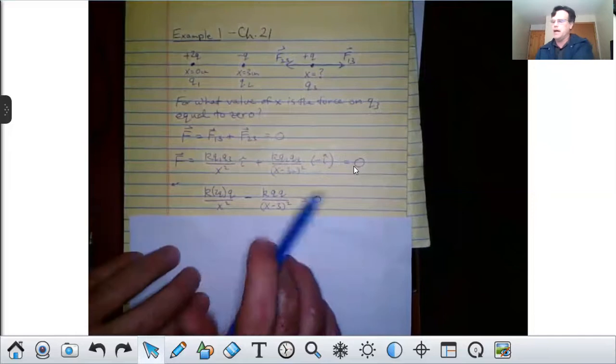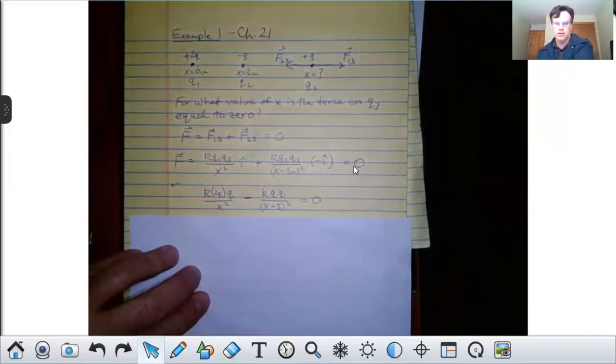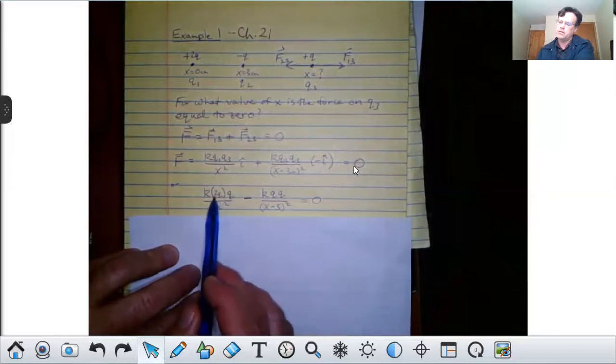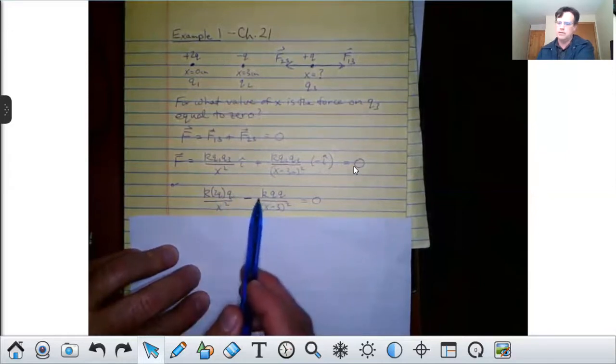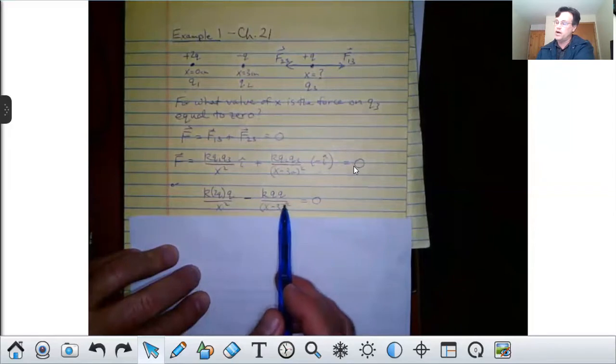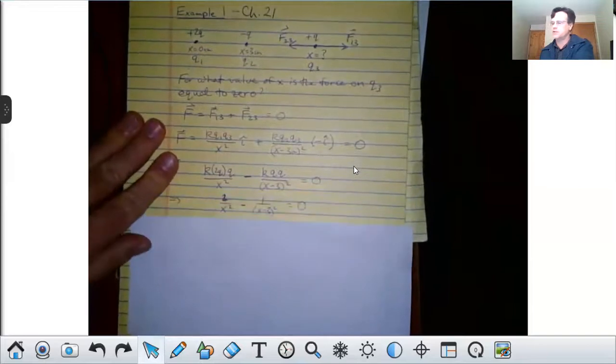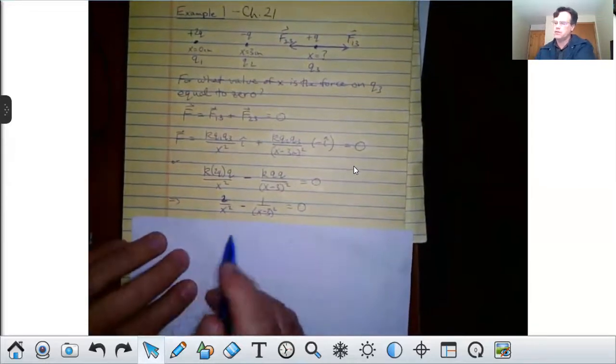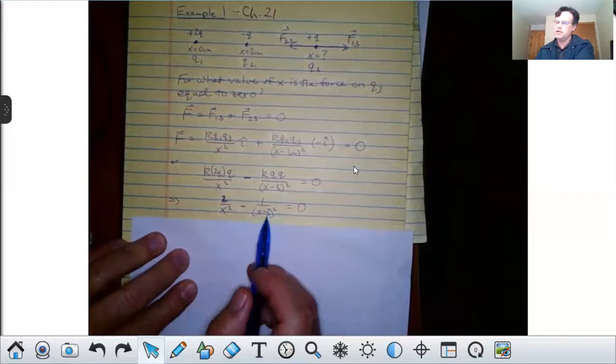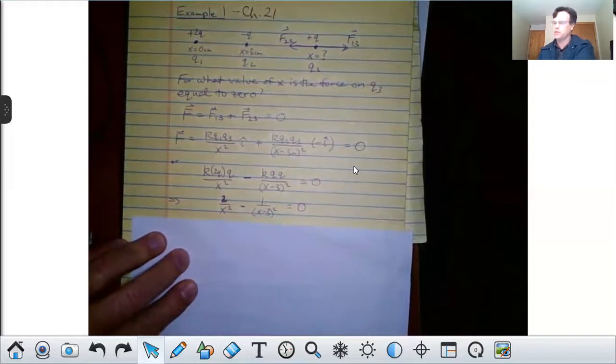I'm just putting in the magnitude of the charge here. Now you can maybe notice that the Q's and the k's will cancel out. That is divided by kQ squared. 0 over kQ squared is still 0. So eventually what I end up with is basically just this algebraic equation: 2 over x squared minus 1 over (x minus 3) squared equals 0.